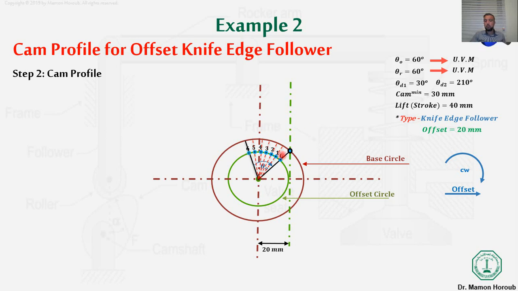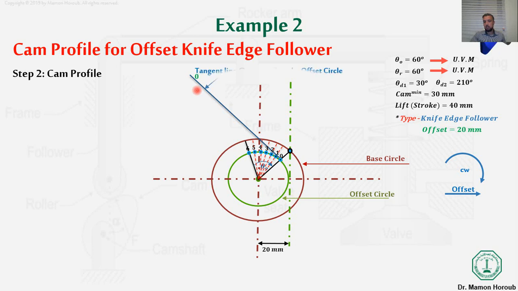From those points, I need to draw lines, and those lines should be tangent to the offset circle. As an example, at point number 0, we will draw a tangent line to the offset circle at that point, and we will name this line 0.